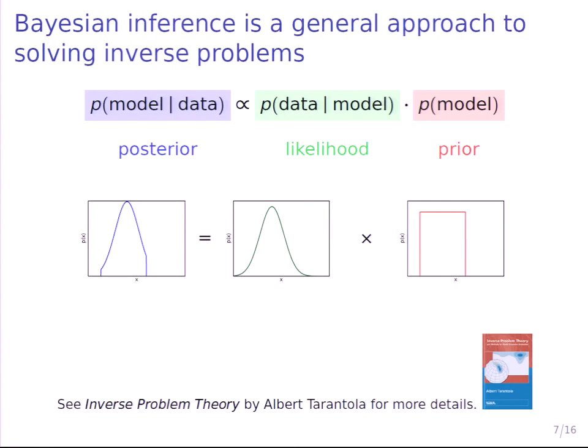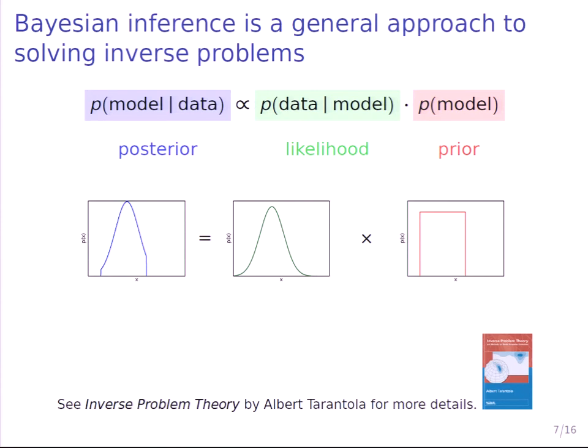So I apologize to all those who are experts in Bayesian inference. I don't really consider myself an expert, but I think there's probably some of us in the room that aren't really that familiar with it. So just quickly, it's really an intuitive process where you start out with some initial state of what you think something looks like, and you get data in, and based on that data, you reformulate your state of knowledge of the system.